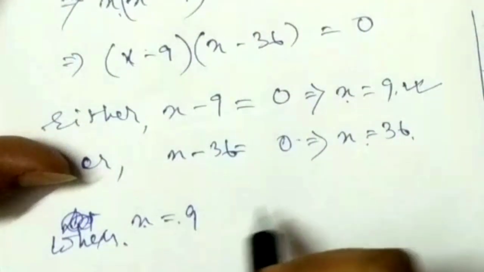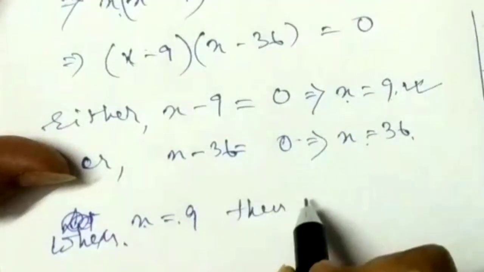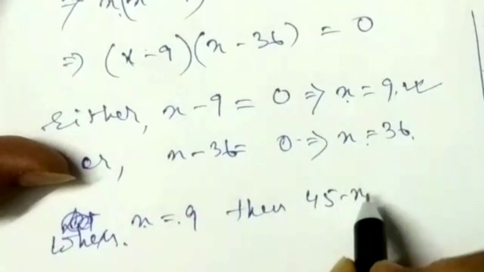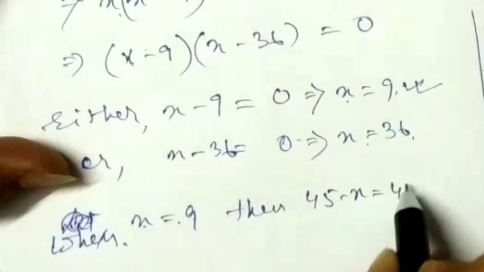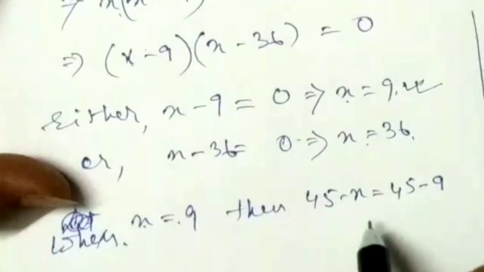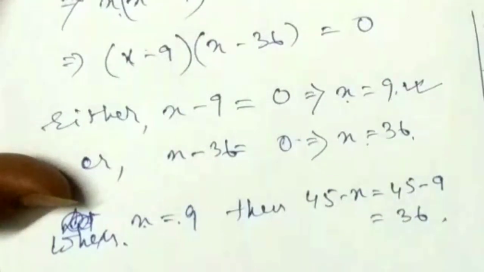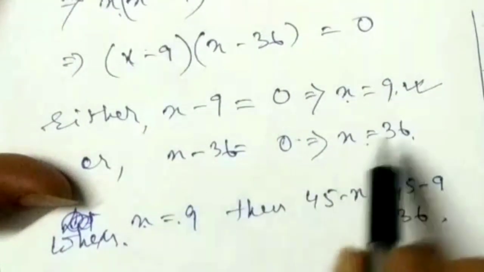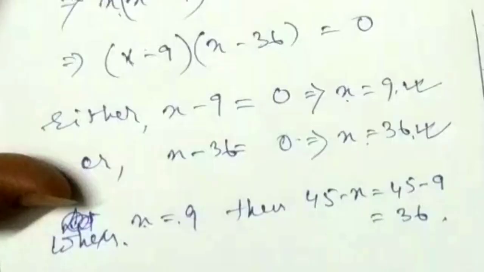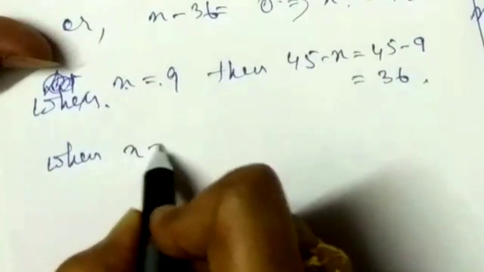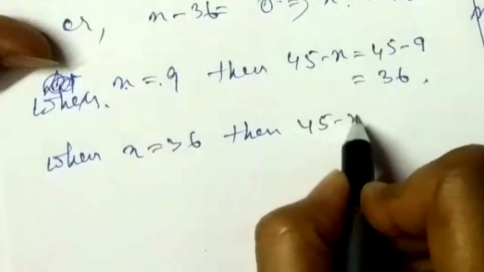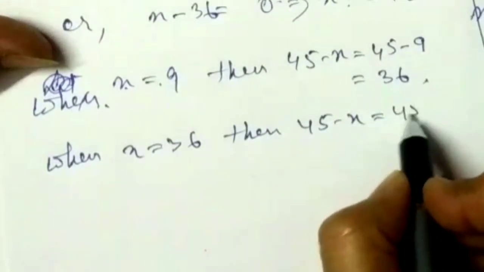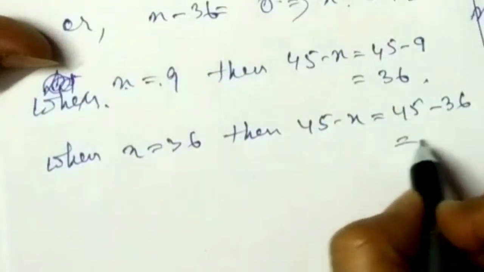When x is equal to 9, then 45 minus 9 is equal to 36. So if you take x equal to 36, then 45 minus x will be 45 minus 36.